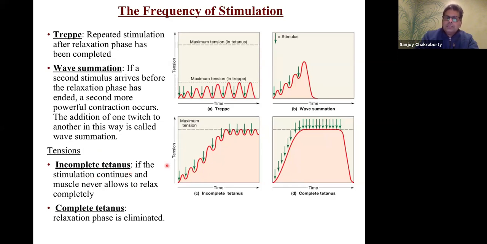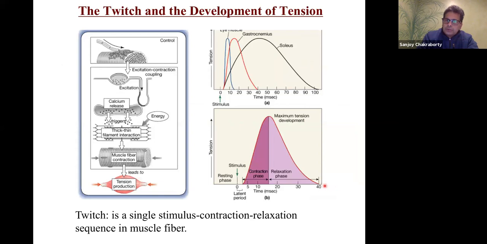Tetanus is the tension. So incomplete tetanus is when we send a stimulation before, this is the keyword, before the relaxation period is over. So here it is, relaxation period is over right here, but before it, I'm sending the stimulation here. So when the stimulation comes before the relaxation period is over, that's called incomplete tetanus, the tension.